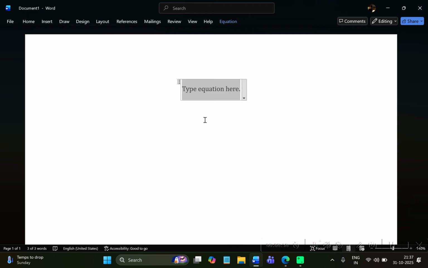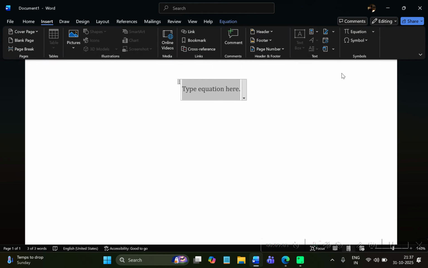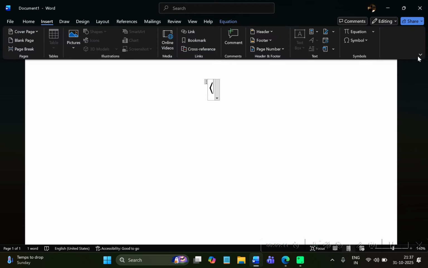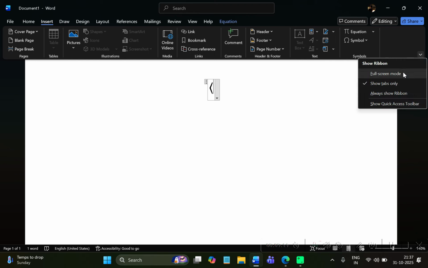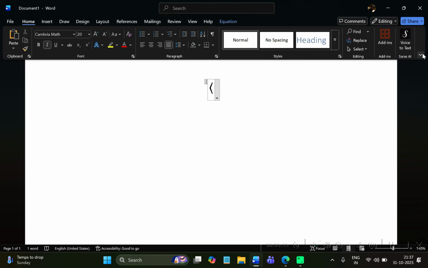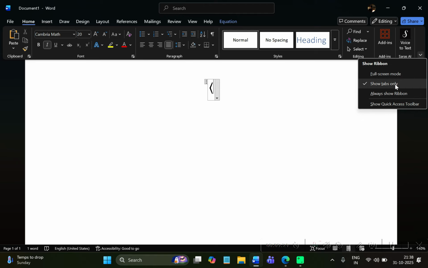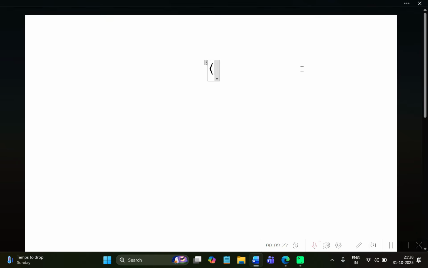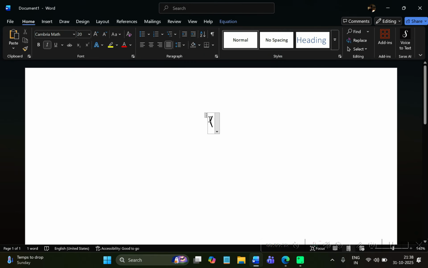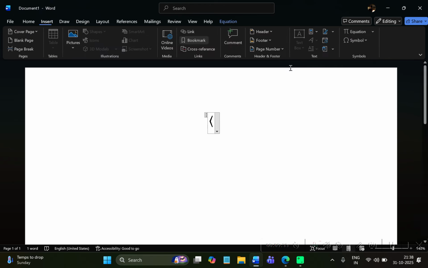Okay, and I'm going to show you something else as well for symbols. Usually you can take a symbol, for instance, the bracket. If you want to type something in quantum mechanics, you go to the symbol.